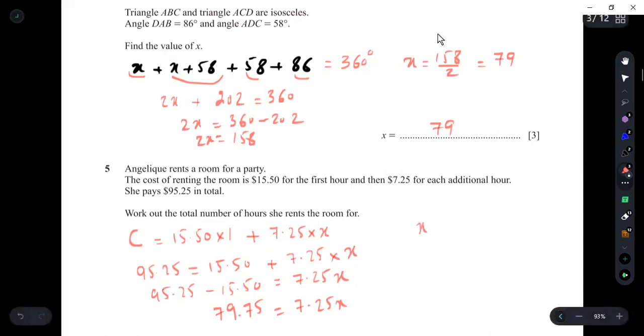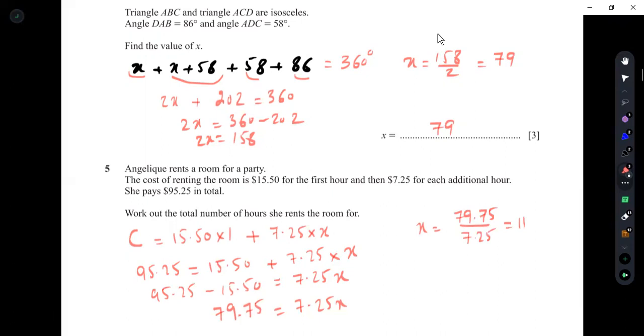So x is 79.75 divided by 7.25, which becomes 11.